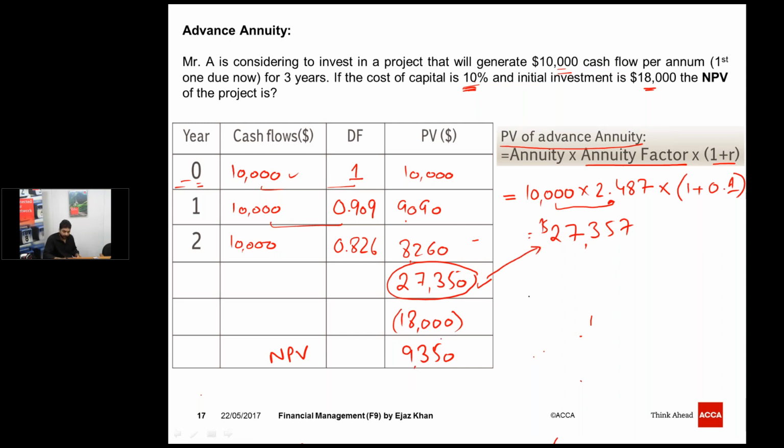And then later on we have to deduct the initial investment of 18,000 to get the net present value. So let's deduct 18,000 from this figure. And we'll get net present value 9350, approximately 57.